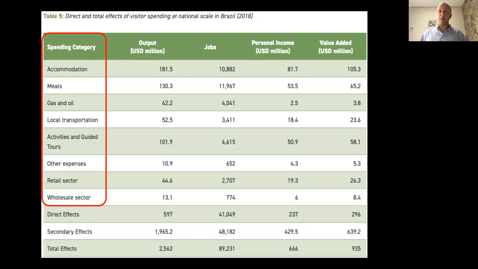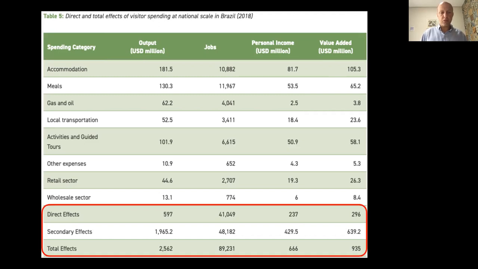We divide into categories to interview the visitors, and also because the multipliers are different for different industries when we do this analysis. On the top, we have the effects that represent the results: output in $1 million, jobs generated, personal income, and value added to the Brazilian economy. And on the bottom, we have the results of direct effects, secondary effects that are the indirect and induced effects, and total effects.